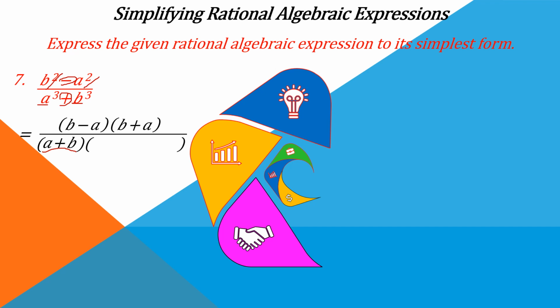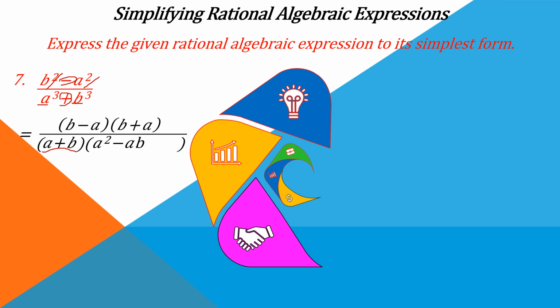and based on the binomial factor, we can solve for the trinomial factor, wherein the first term should be the square of the first term of the binomial, which is a squared. The middle term is the product of the first term and the second term of the binomial, but with opposite sign.